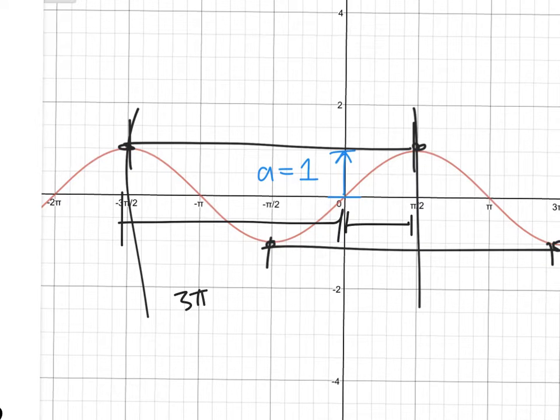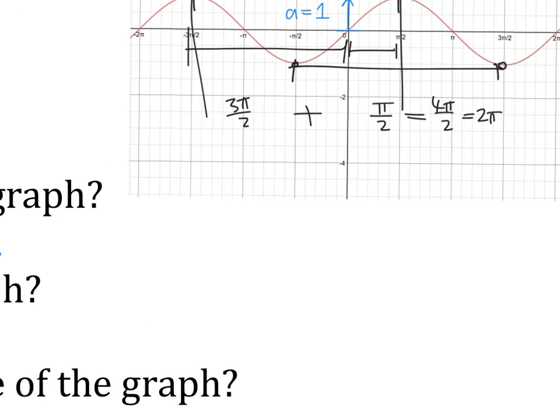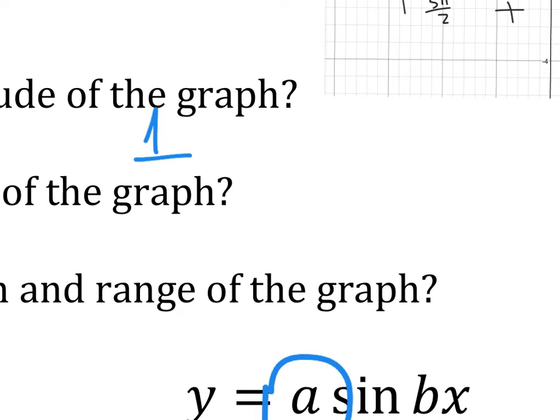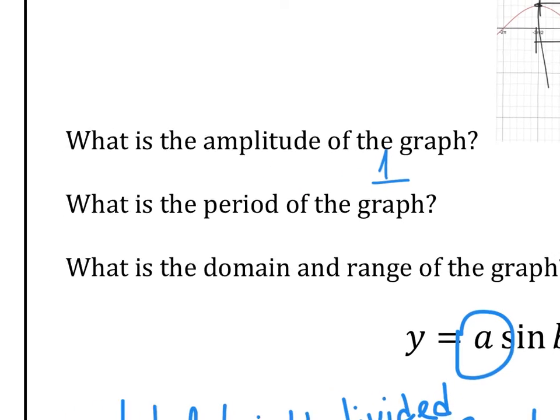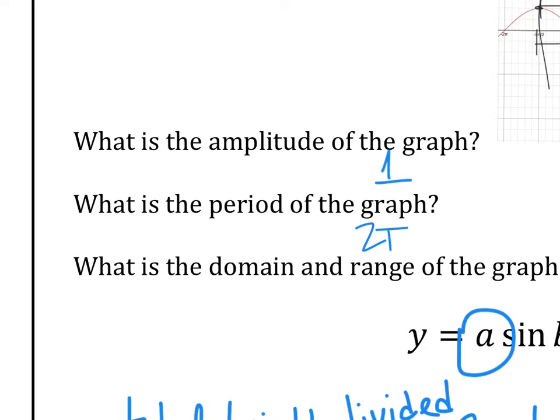So 3 pi over 2 plus pi over 2 is going to give us 4 pi over 2, which is 2 pi. So this tells us that the length which it takes to repeat itself is 2 pi, or the period is 2 pi. So what is the period? That is 2 pi.